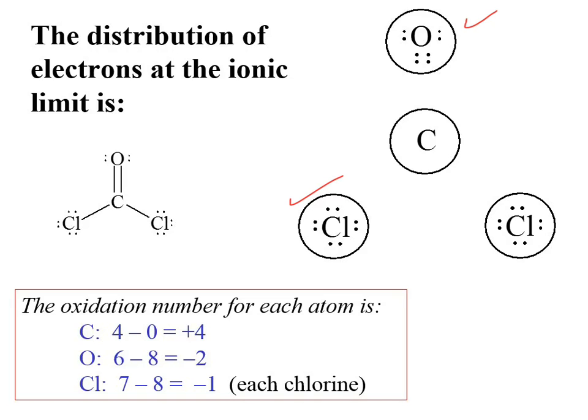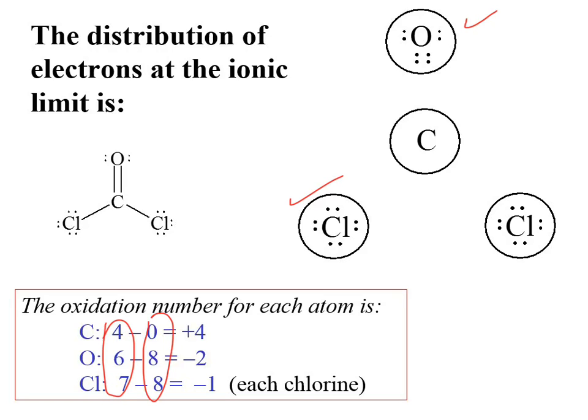And so because of that, the two electrons that are part of that chemical bond go with the more electronegative one. And remember, that number is right here. So the number of electrons at the ionic limit. This first number right here is from the periodic table, it's the group number. And so you do a subtraction to get the oxidation number.